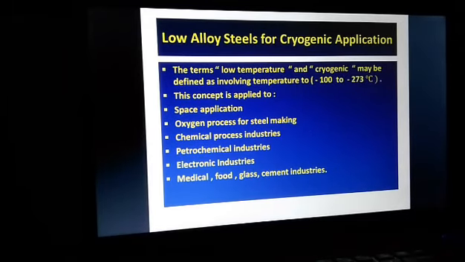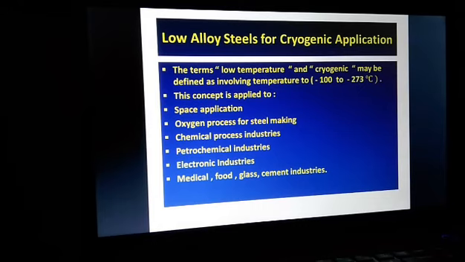Low alloy steel for cryogenic application. The terms low temperature and cryogenic may be defined as involving temperatures from -100 degrees to -270 degrees centigrade.